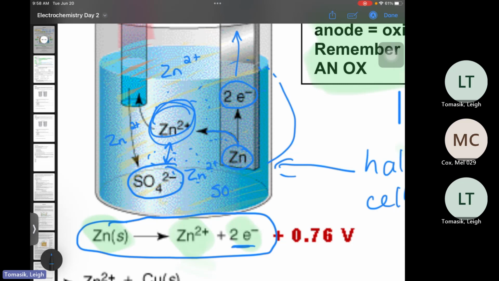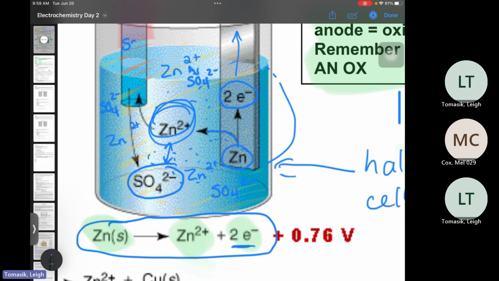So ideally, as this reaction went on, you would want more SO4 2- ions to build up to counteract the Zn2+ ions. So for every Zn2+ that's created, we want an SO4 2- for it to pair up with.